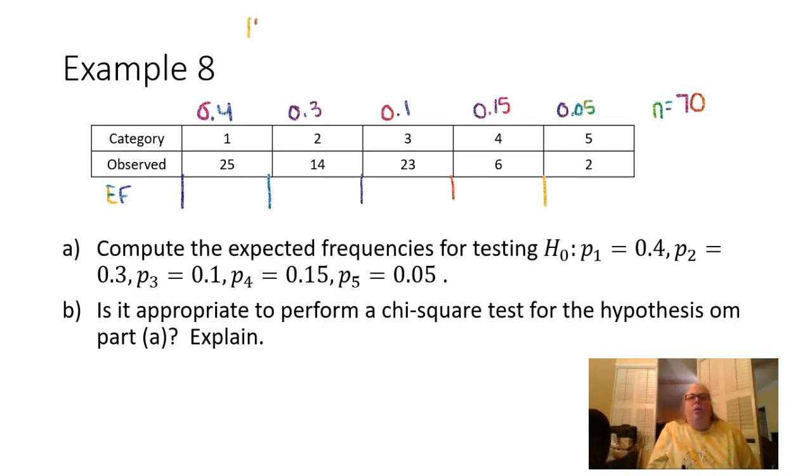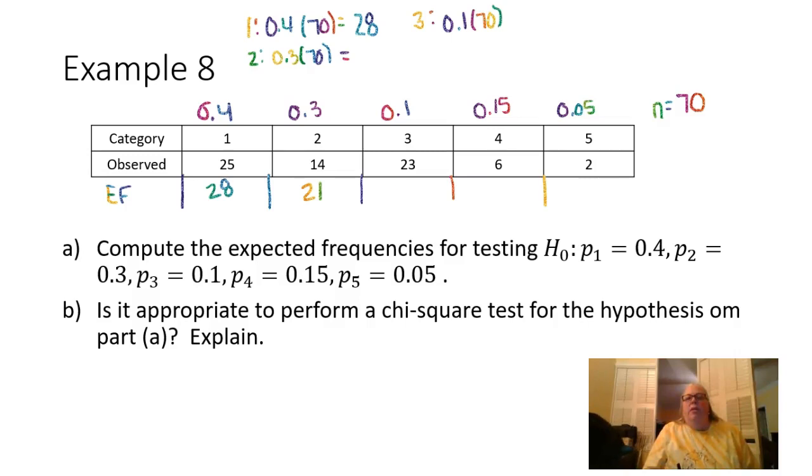All right, for category 1, I'm going to multiply its probability 0.4 times 70. And this is going to give me 28. For category 2, I'm going to multiply its probability times 70. That's going to give me 21. For category 3, I'm going to multiply its probability times 70. That's going to give me 7.